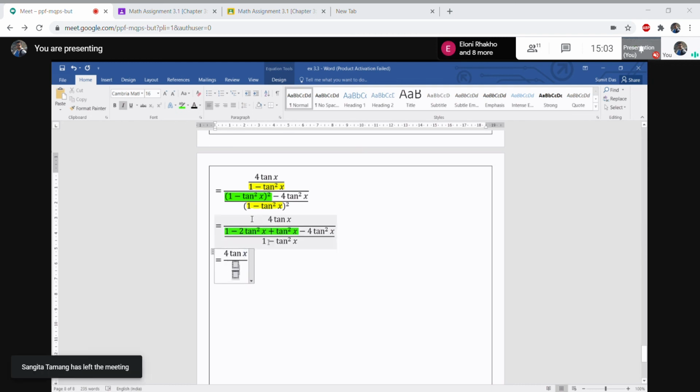Denominator, it will be 1 minus tan square x here, and here 1 minus 2 tan square x plus tan to the power 4 x minus 4 tan square x.